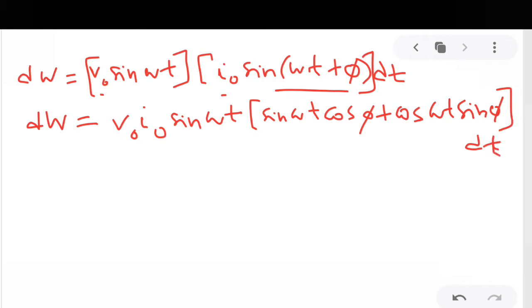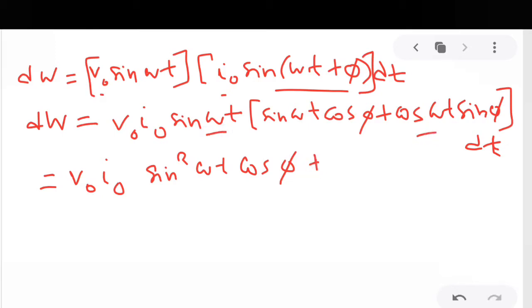So this is V naught I naught sine square omega t cos phi, this multiplied by this. Then plus this multiplied by this: sine omega t cos omega t sine phi, dt. dt is for the entire terms.